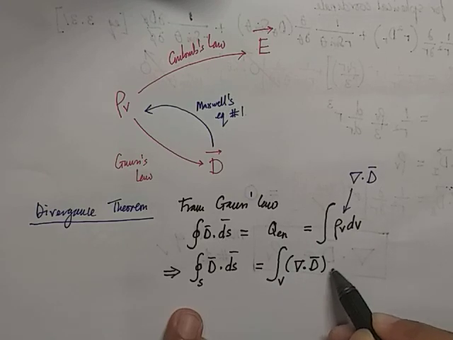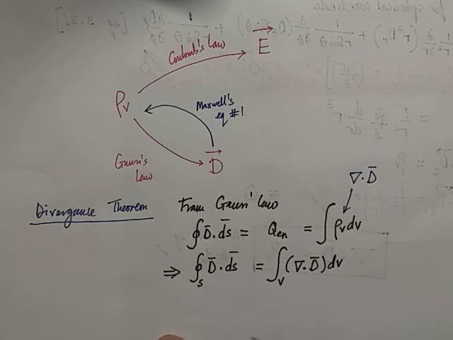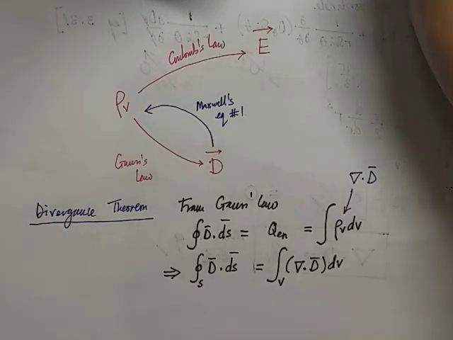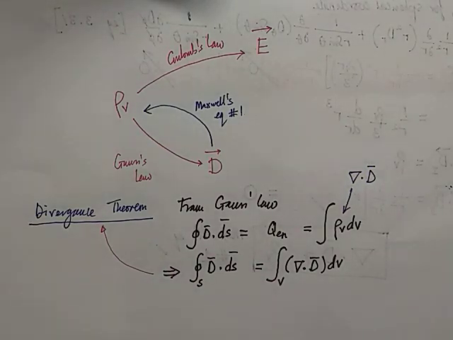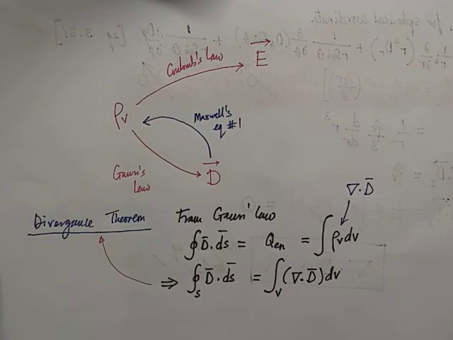So what this equation states is that we can convert surface integration to volume integration, or from volume integration to surface integration using this equation. And this equation is known as the divergence theorem. So I have explained two main important concepts: one is the divergence model, and the second is the divergence theorem.